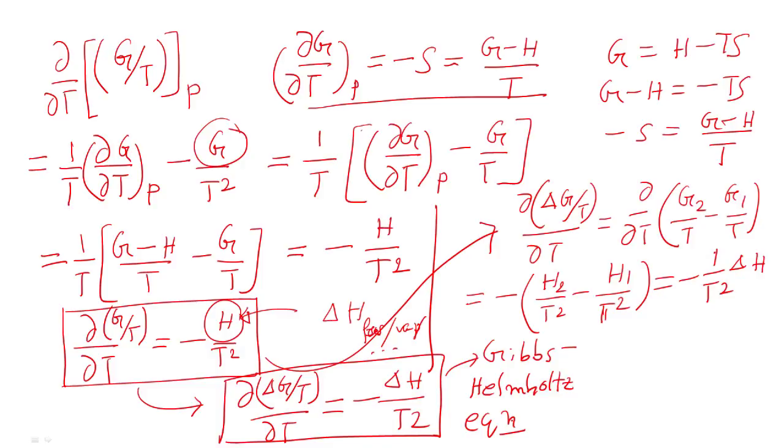Now let us discuss why the curves of G versus P or G versus T look the way we drew them. Remember, for a finite change, delta G, G is a state function.